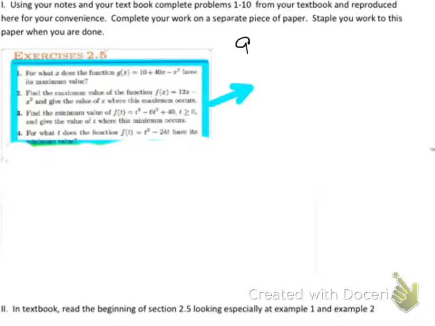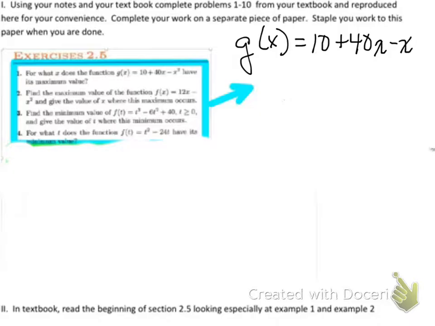So we have g of x. Oops, I don't want to do a prime yet. Okay, so just plain old g of x equals 10 plus 40x minus x squared. Now when you're doing your homework, just think about what we have here.